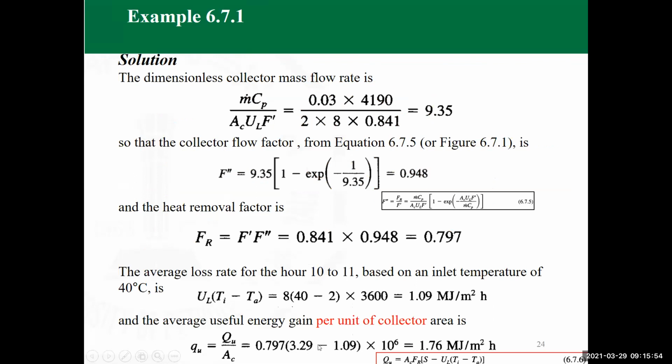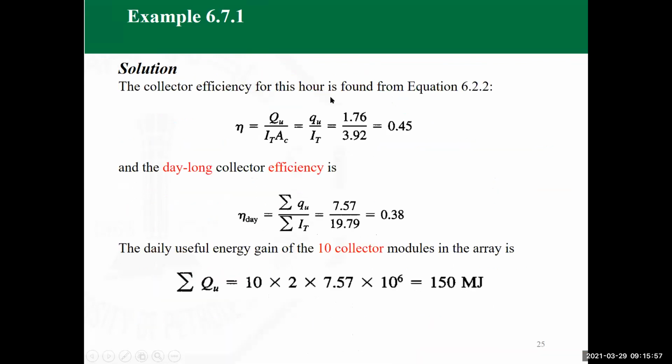This is the Q useful. So the ratio of Q useful over the energy in, energy out over energy in, is 0.45. So at this hour, the collector is converting 45% of the incident energy into heating energy to the water which is flowing in.